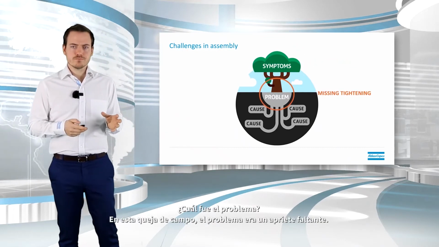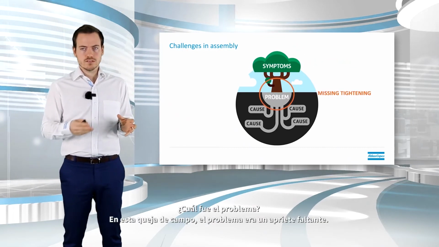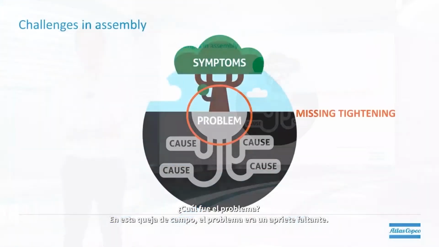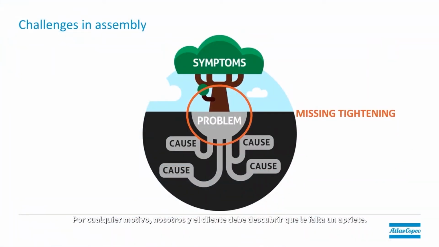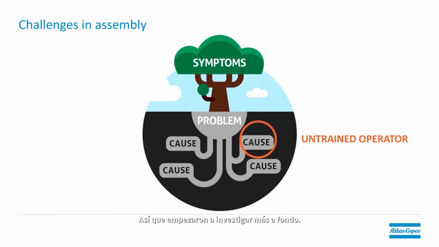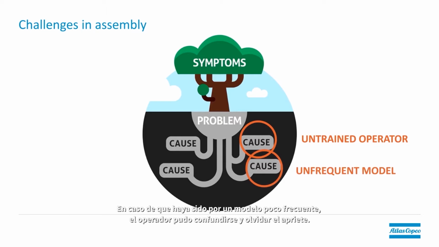What was the problem? In this field claim, the problem was, as it says there, a missing tightening. For any reason, the customer will need to discover they had a missing tightening. So they start analyzing and digging in and say, okay, could be caused by an untrained operator, could be an infrequent model, that is not so often, so then the operator got misled or confused, and then he or she simply forgot the tightening.